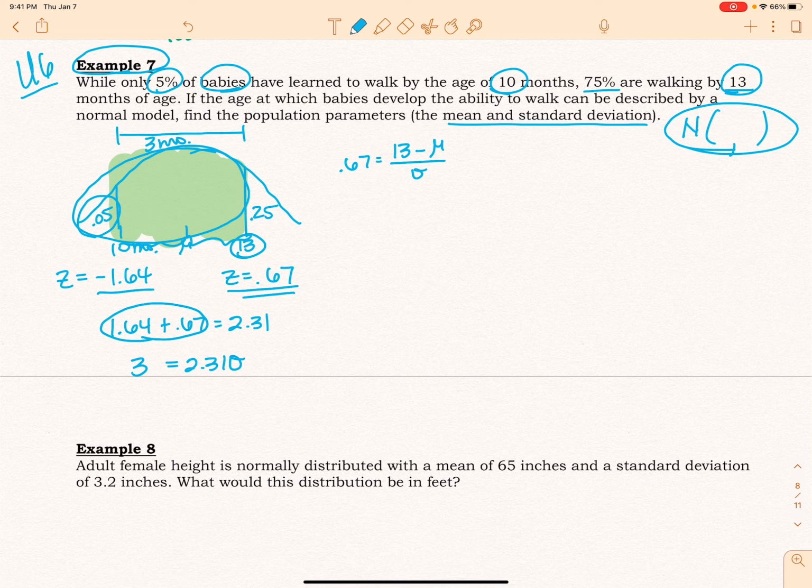All right, so now all I have to do is divide by 2.31, and I get an estimate for my standard deviation of 1.299.